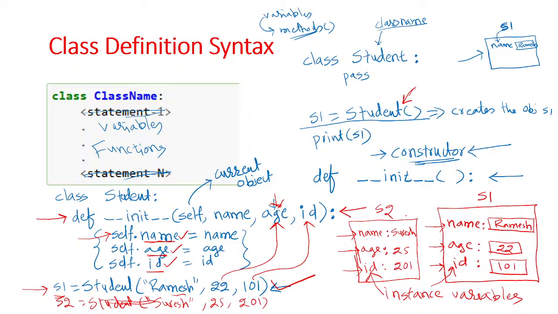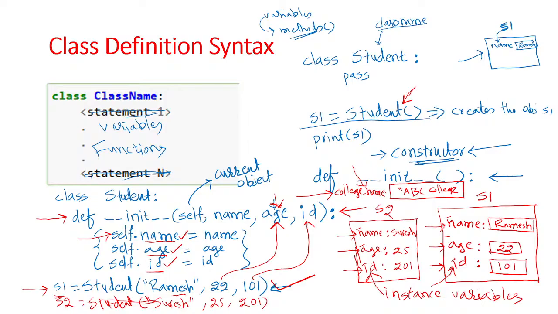Whereas the college name attribute will be created outside of all the objects, and this ABC college value will be stored here. Memory is allocated only once. For instance variables, s1 has memory for name, age and id, and s2 has memory for name, age and id. Each instance has its own memory, whereas a class variable will have only one copy of memory.